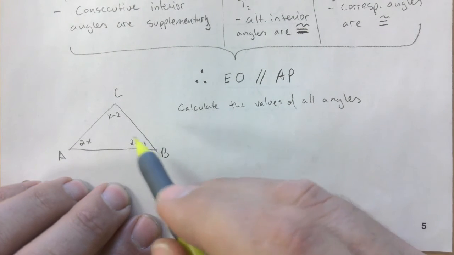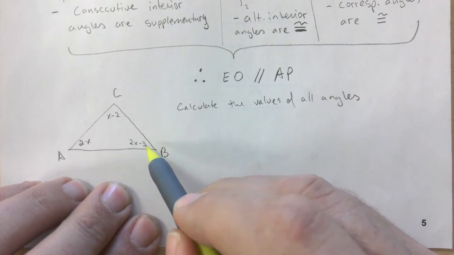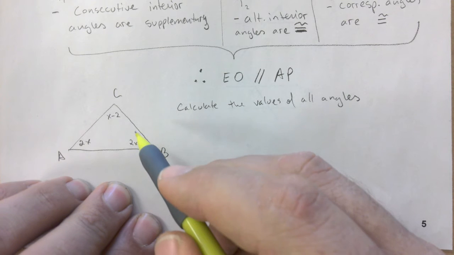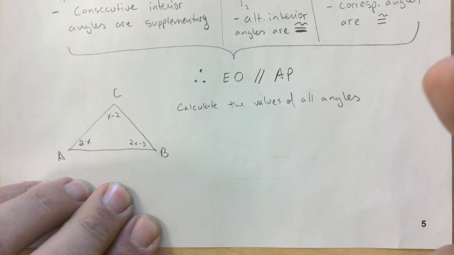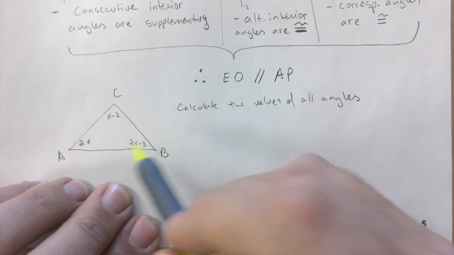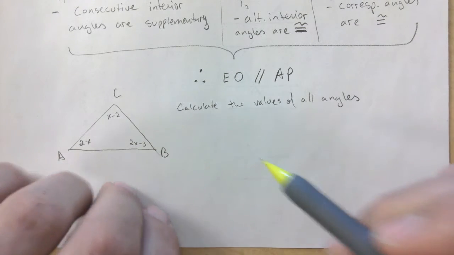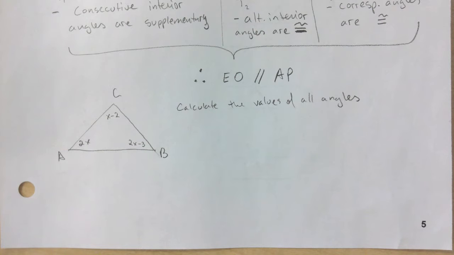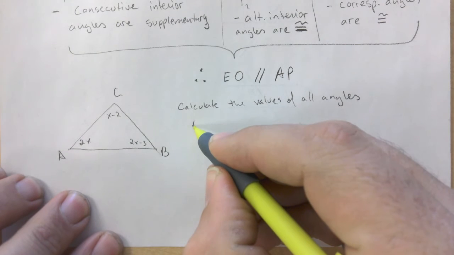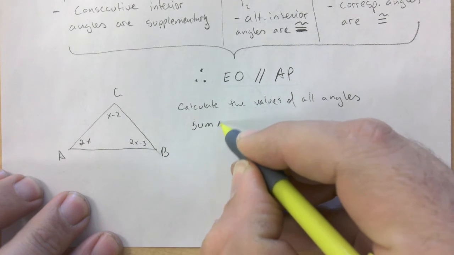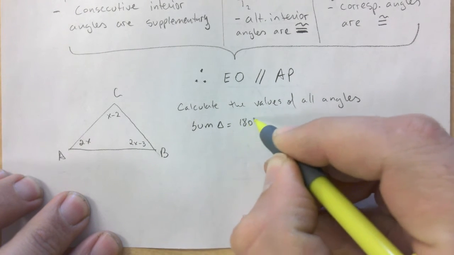Let's calculate this. So they want the values of every single angle here, and apparently they don't give you an angle at first. These types of questions are going to pop up even with the parallel lines, where they're testing your knowledge of certain properties. So what do we know about all angles in a triangle? The sum of angles in a triangle is always equal to 180.